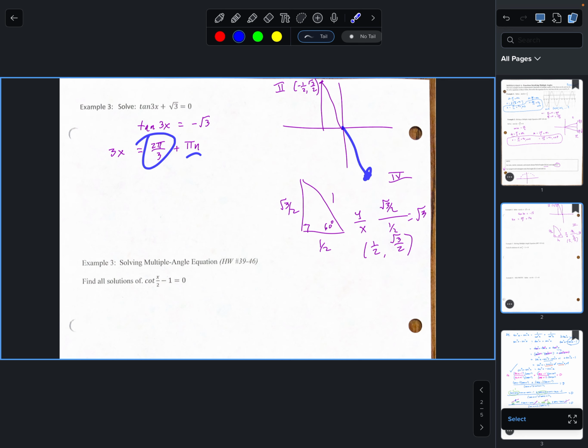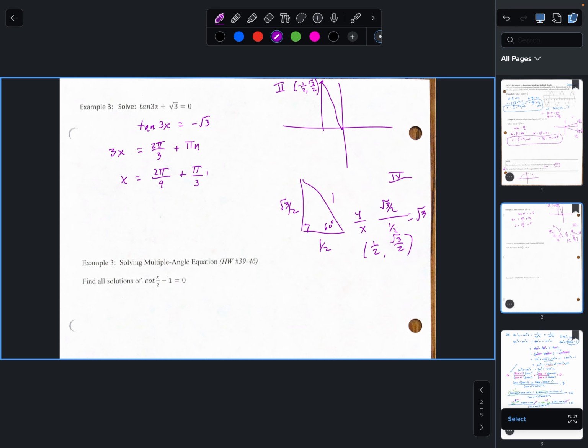Now divide by 3, which is the same as multiplying by 1/3, and n is an element of the set of integers.